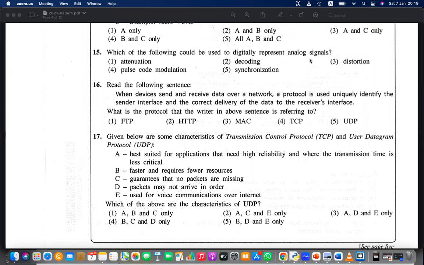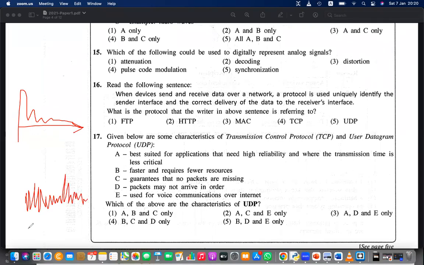Which of the following could be used to digitally represent analog signals? Attenuation is basically where a signal starts like this and the strength of the signal goes down. Decoding is getting the original data wave back from the encoded signal in a high frequency wave.